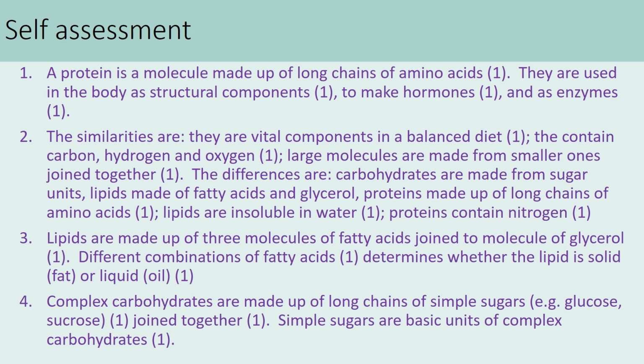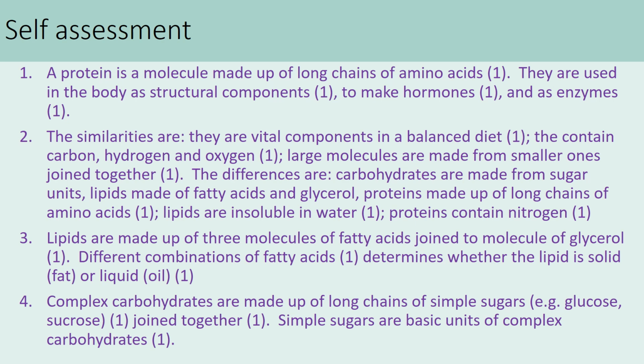Question number 2 is describe the main similarities and differences between the 3 groups. So a similarity that you might have mentioned is that all of them are needed in our diet. So we need all 3 of those. All of them contain carbon, hydrogen and oxygen. All of them are larger molecules that are made up of smaller ones. So you might have said they're polymers, they're made up of monomers. That's fine.